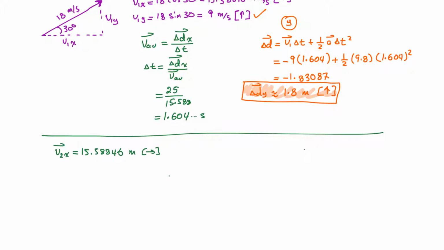And for v2y, we actually have to figure out what the value is. We have at least 3 pieces of information. We actually have 4 now, so we can make that calculation.